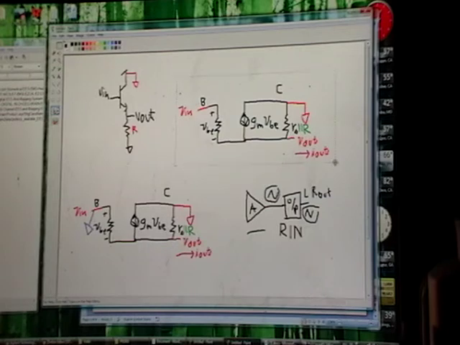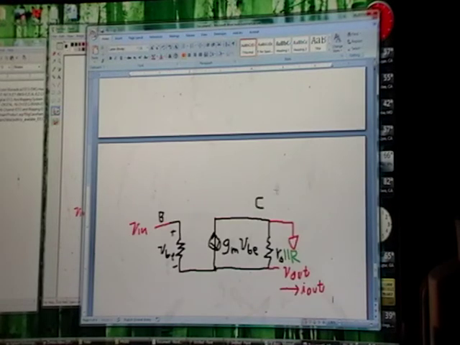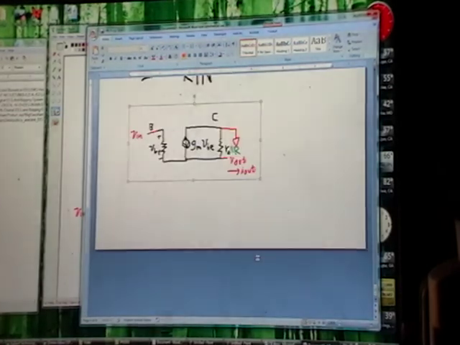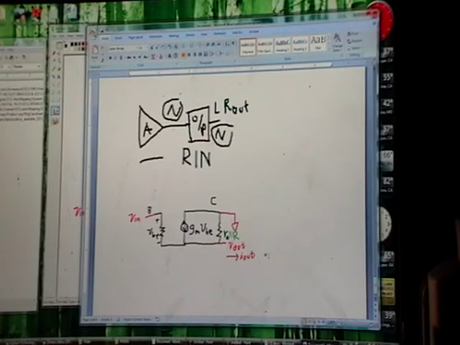So for R in, there are no two-port rules that simplify things, so we have to just use the complete model. Yeah, this can actually get quite messy.